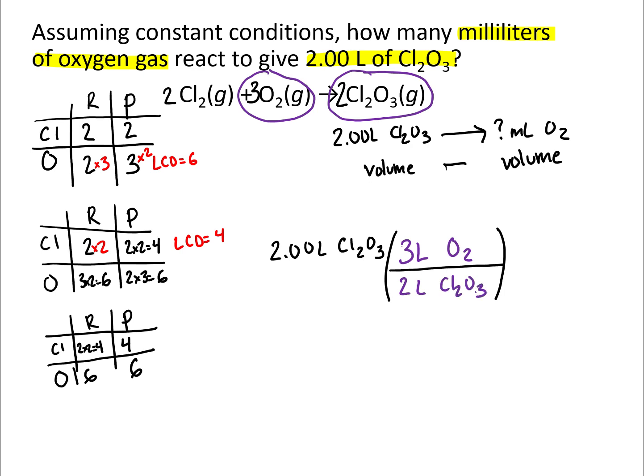That way it will cancel. But we have to do one more thing here. The question is asking for milliliters of oxygen, not liters. So we have to convert our answer to milliliters.